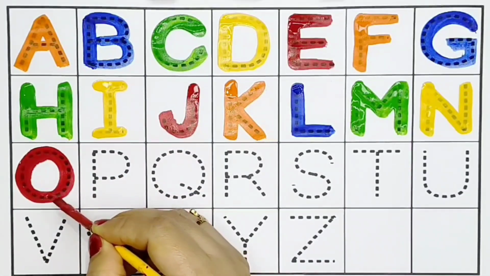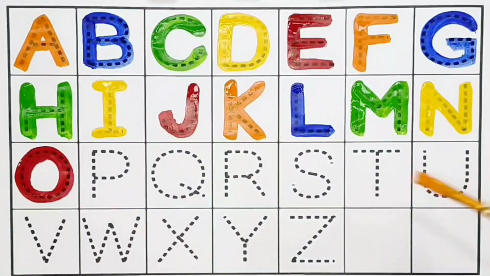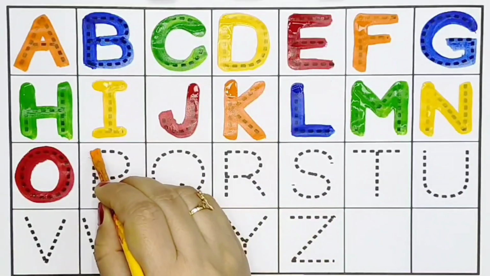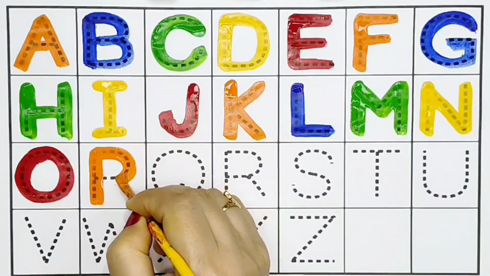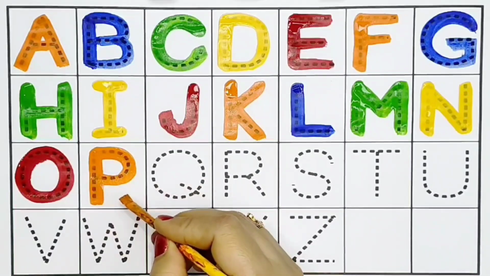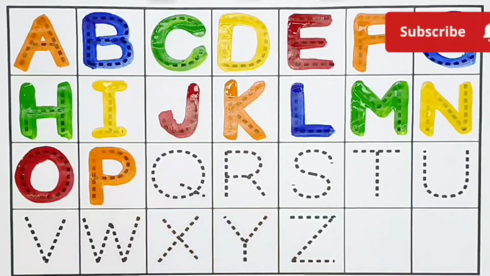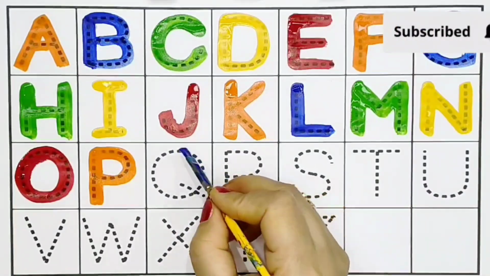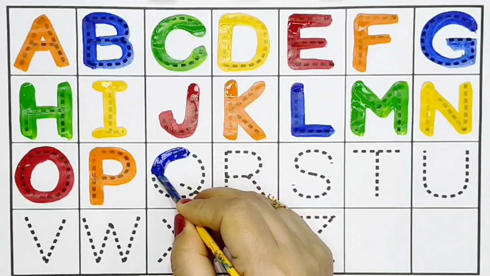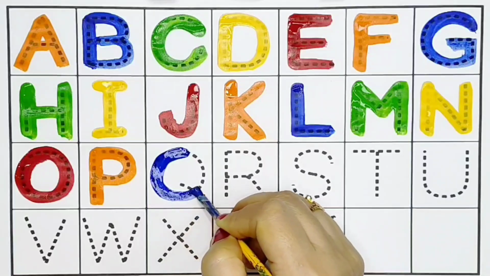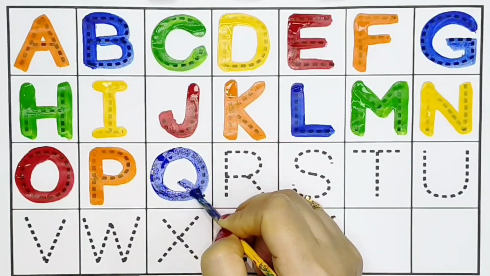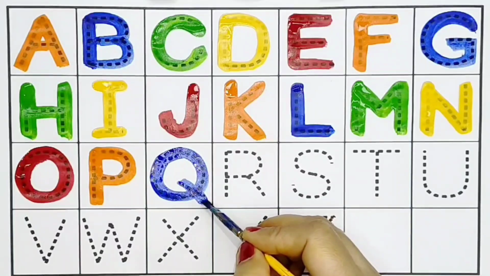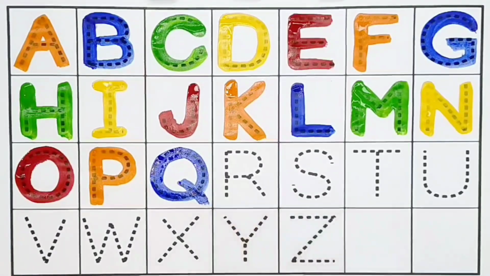O for octopus. Orange color. P for peacock. Blue color. Q for queen.